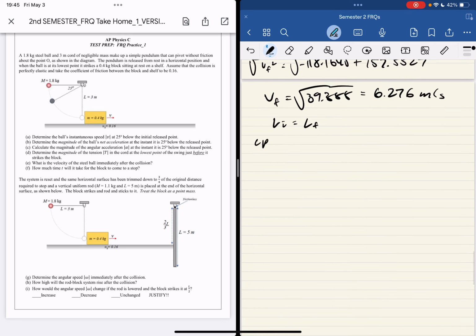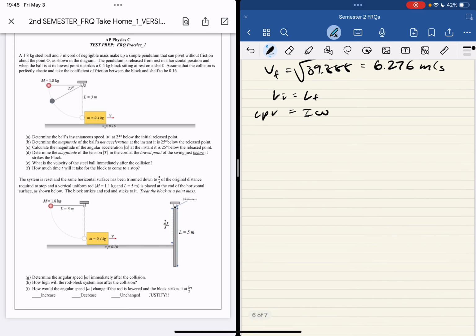So CPR on the left side is equal to I omega, since we want to find the angular speed. Okay, so we know C is going to be 1. P is going to be mv, so C m v r. The m, we're going to plug in 0.4 of the block. The v, we're going to put in the new v we found, 6.276.